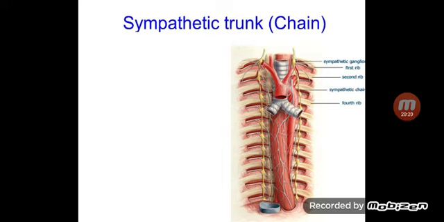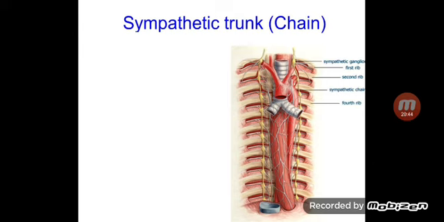Okay, so the gray rami communicantes go to all thoracic spinal nerves. Their postganglionic fibers go to the blood vessels, sweat glands, distributed through the fibers of the spinal nerve to supply blood vessels, sweat glands, and erector pili muscles.